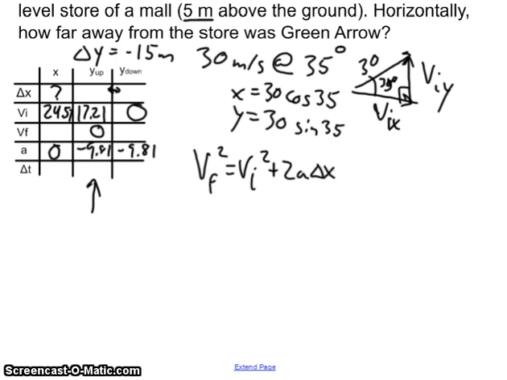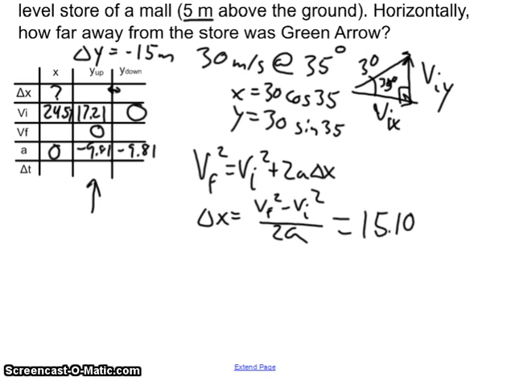And when we rearrange this in order to solve for delta x, we have delta x is equal to VF squared minus VI squared over 2a. And that would leave us with the correct displacement of 15.10 meters up. So that goes into here, 15.10.